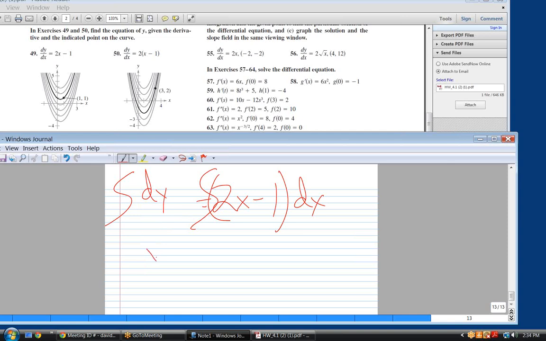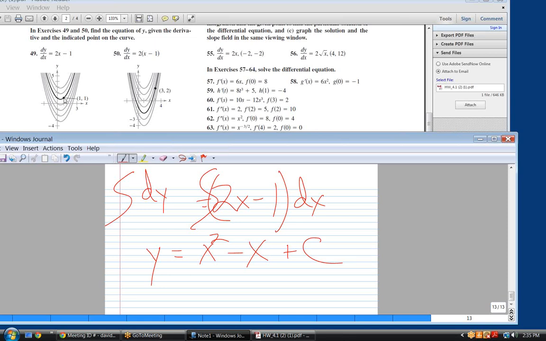We get y equals x squared minus x plus c. Now we have a point, which you can think of as an initial condition.